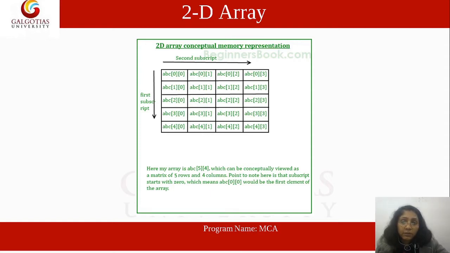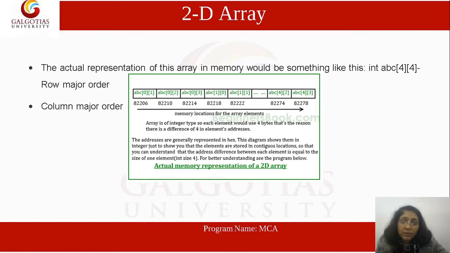The first row elements will be stored first, then the second row, and accordingly up to the fifth row. So first element will be ABC 00, second element will be ABC 01, then 02, 03. This way the first row is going to be stored, then ABC 10, 11 and accordingly up to 40, 41 up to 43.